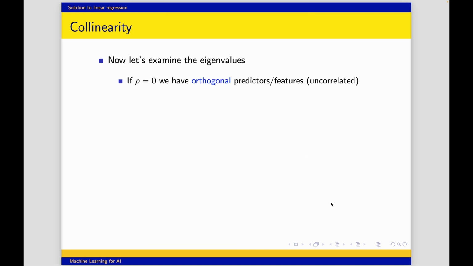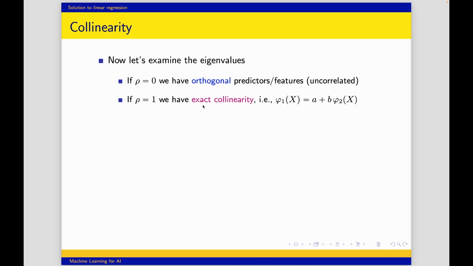Well, let's have a look at what happens for different values of rho as the correlation increases or decreases. So if rho equals 0, in other words, our features or predictors are orthogonal, meaning they're uncorrelated, we will get these ellipses where the axes are aligned along the axes x1, x2, or theta1 and theta2 in our case.